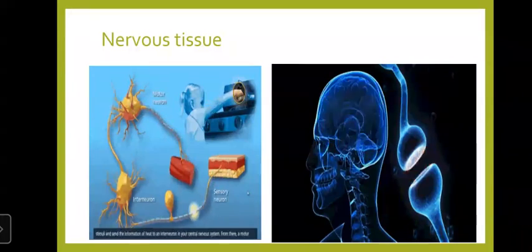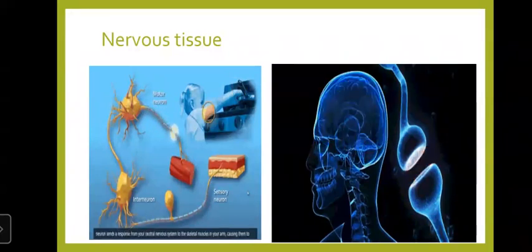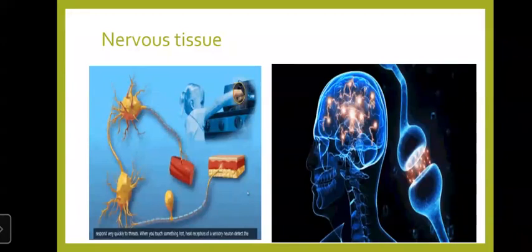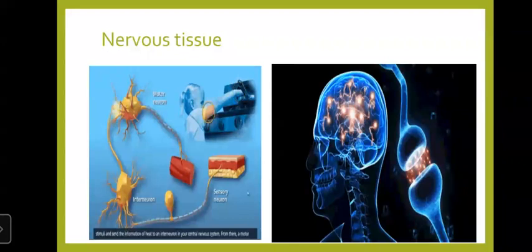In each and every sensory organ, that is skin, eyes, nose, ears, tongue, all these are sensory organs, and the endings of these neurons are present in all these tissues. We all know the entire body is covered by the skin. In the internal organs, everywhere nervous tissue is connected.